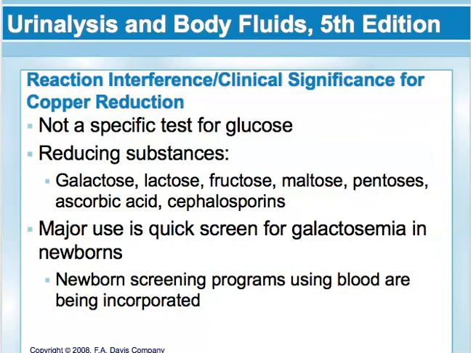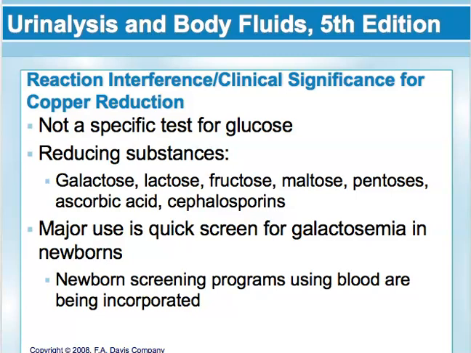Okay, some clinical significance of and the reaction interferences for the copper reduction. So this test is not specific for glucose, but it tests for many reducing substances. Reducing substances are elements or compounds that lose electrons in a chemical reaction, and the presence of these is indicative of metabolism disorders such as galactose, lactose, fructose, and pentose.